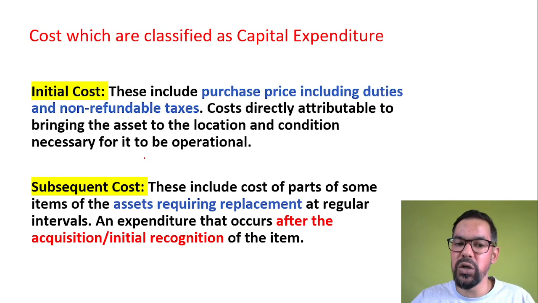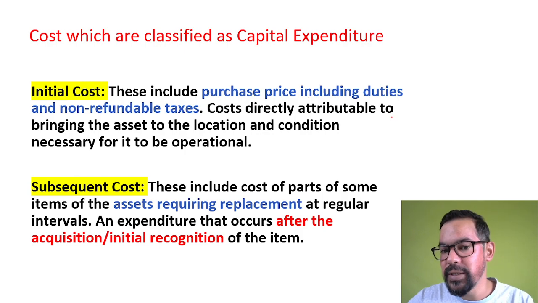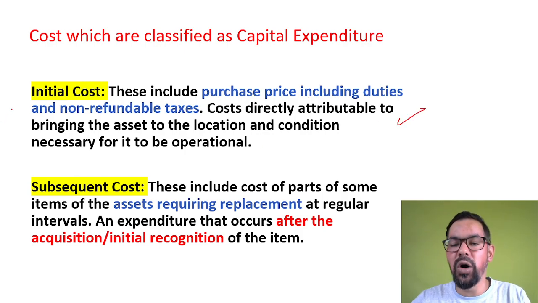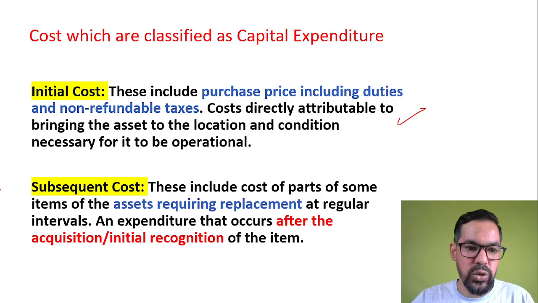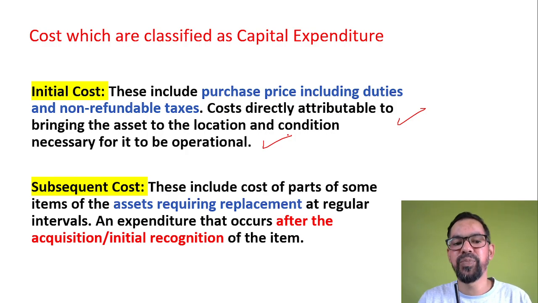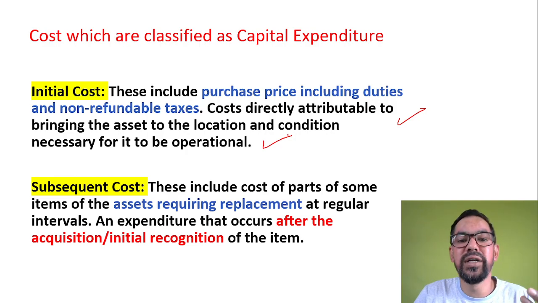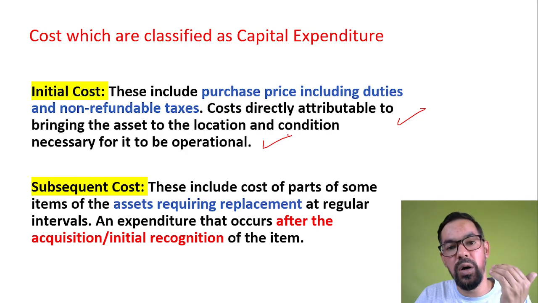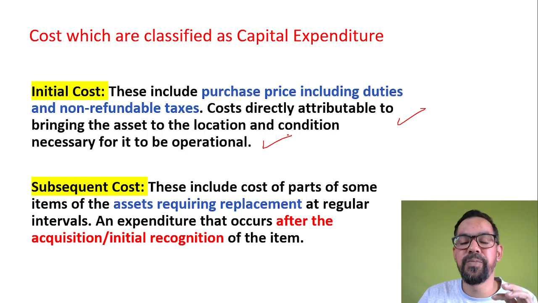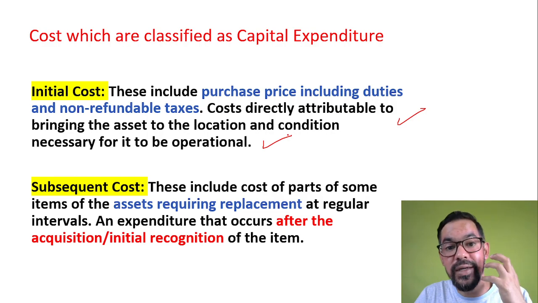Initial cost includes the purchase price, including duties or non-refundable taxes, and cost directly attributable to bringing the asset to the location and conditions necessary for operation, which means the transportation, the warehousing, the taxes, or the test run.